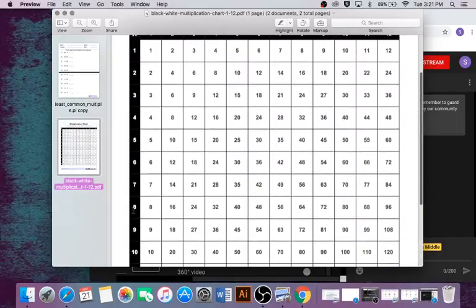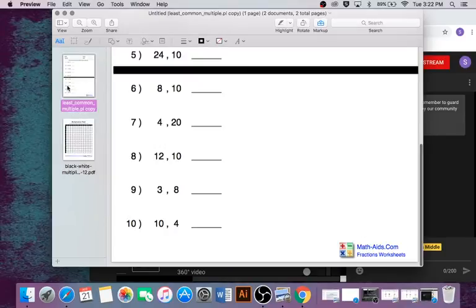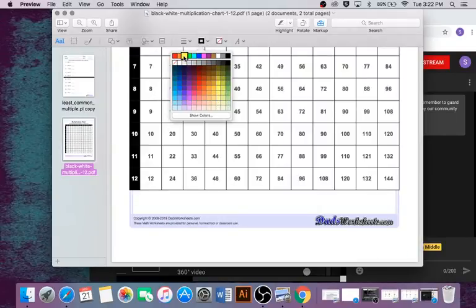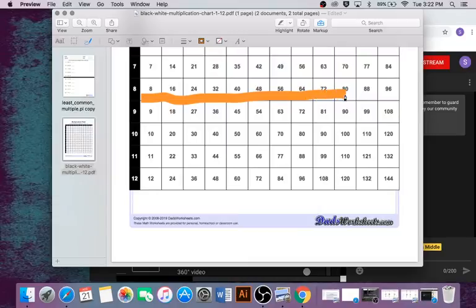So we have the 8 times table, and the 10 times table.